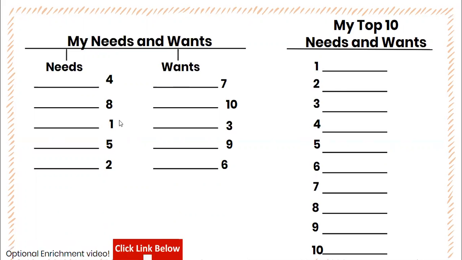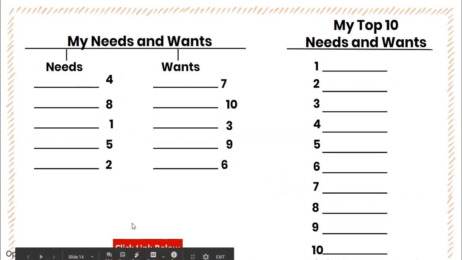Whatever you wrote next to your number 1, you're going to write it here in your top 10 list, all from 1 all the way down to 10. We cannot wait to see your top 10 list of needs and wants. There is also an enrichment video if you click on the link below in the description.